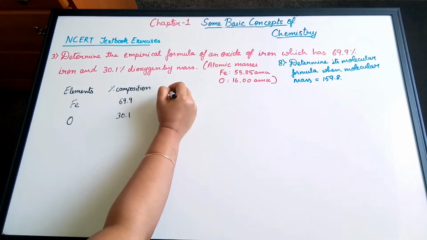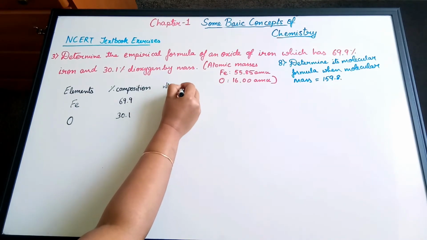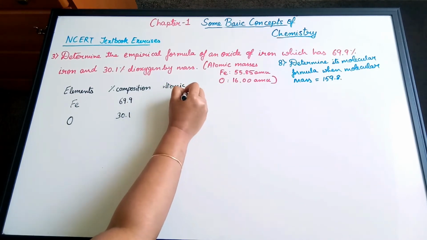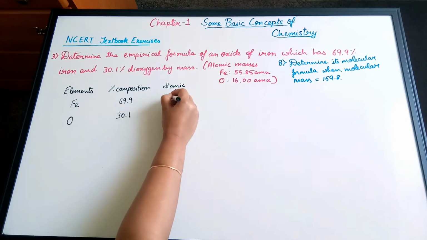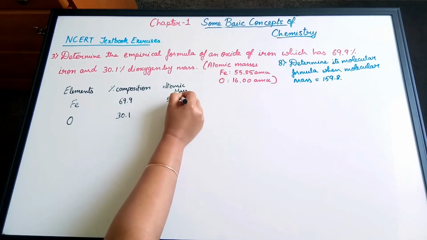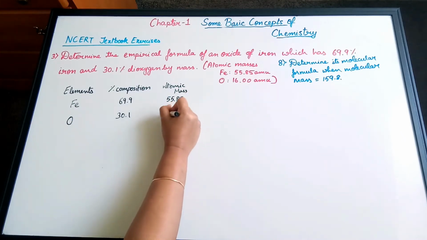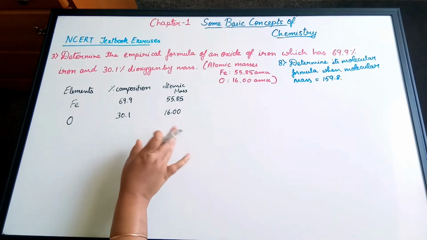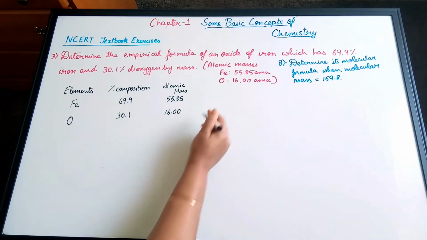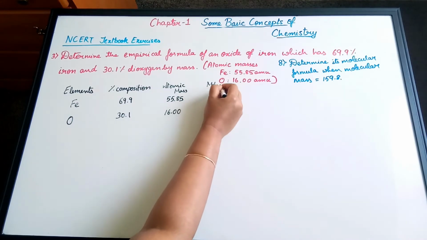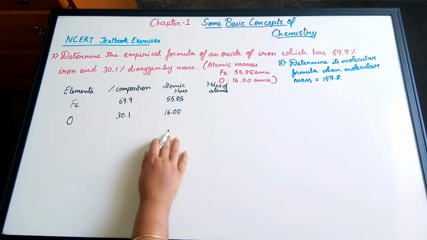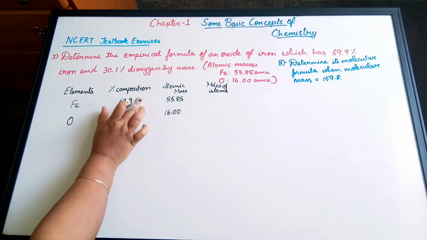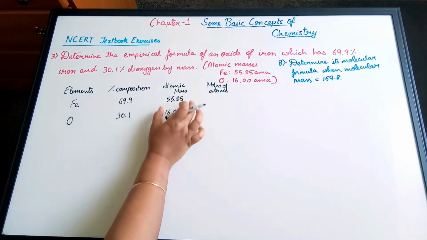Next, we've been given that the atomic masses of these respective elements are 55.85 AMU and 16.00 AMU. Next, we need to find out the moles of atoms. That will be done by dividing the percentage composition by the atomic masses.